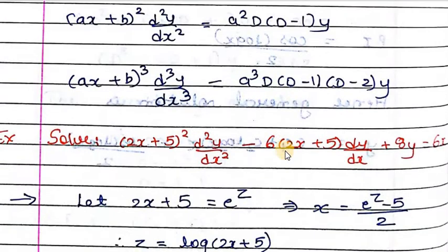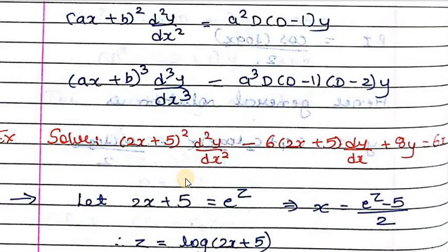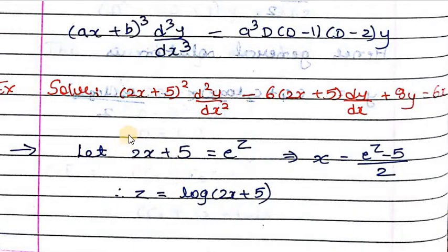Now let's start some examples. Example number 1: we have to solve this differential equation, (2x+5)^2 d^2y/dx^2 minus 6(2x+5) dy/dx plus 8y equals 6x.